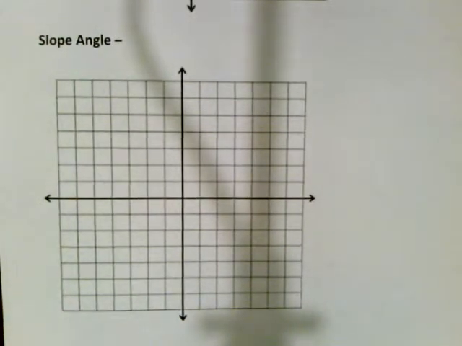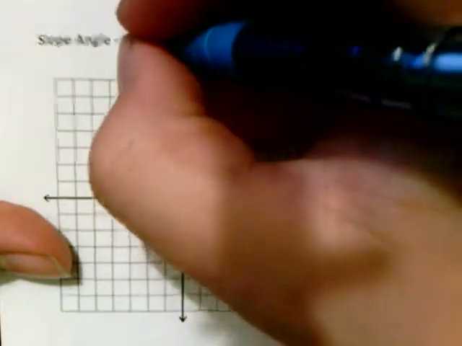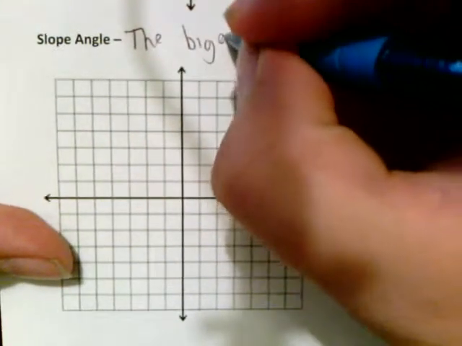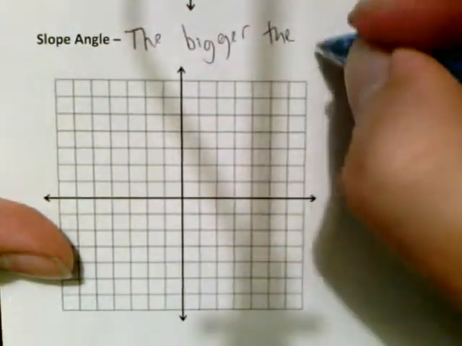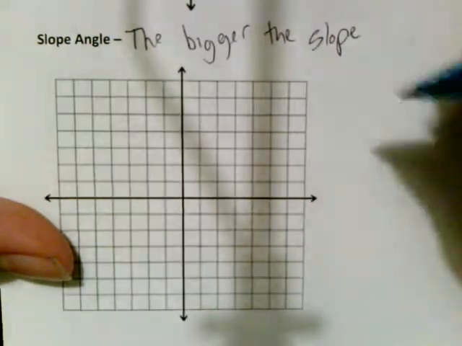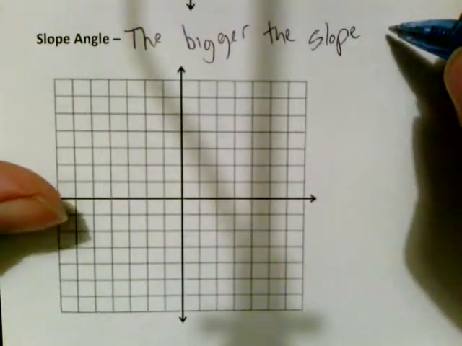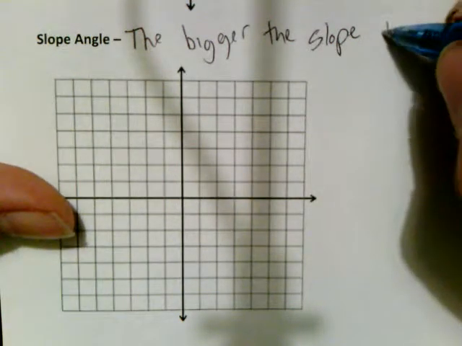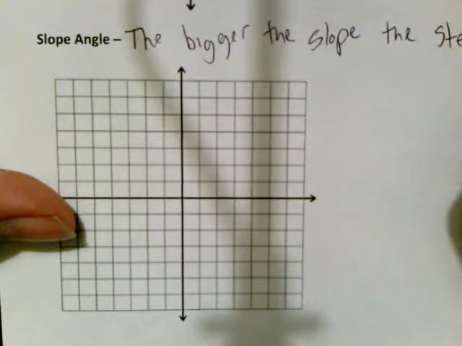On to the next part. Slope angle. This is just a little bit about how the bigger the slope, meaning the bigger the number is, whether it be positive or negative, the steeper the line.